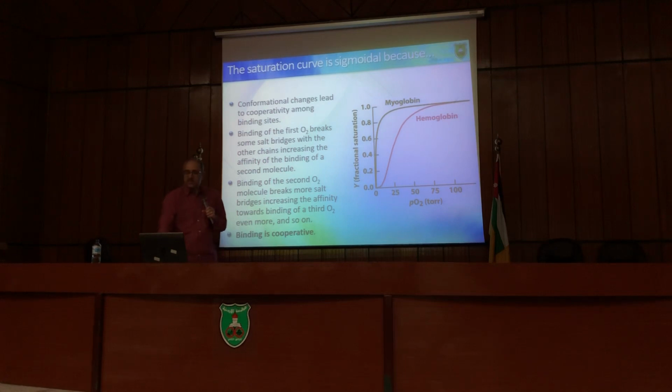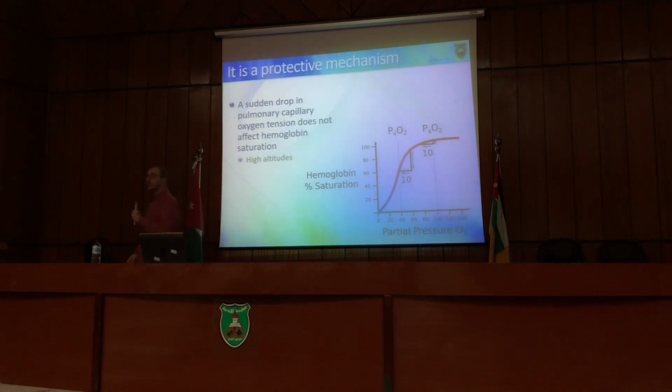Now, this is also, by the way, a protective mechanism, having these two states. The reason is, if you move from sea level to high altitudes, you have low pressure of oxygen. The pressure changes from 100 to 80, but that does not affect binding of oxygen to hemoglobin because it's still in the high affinity state. So you still have enough oxygen inside your body.